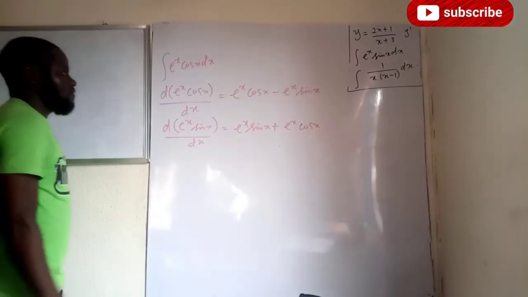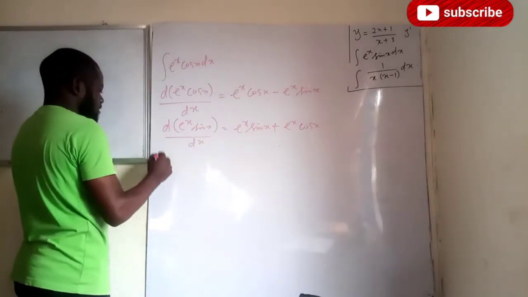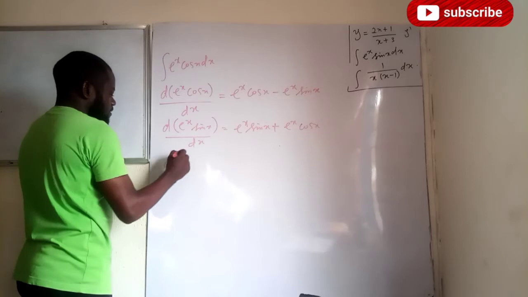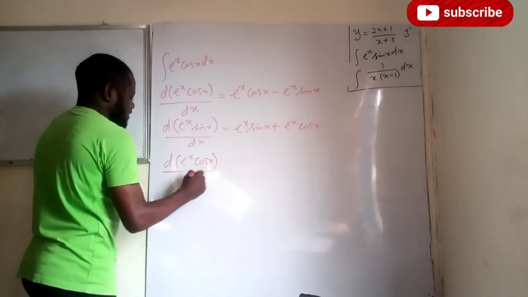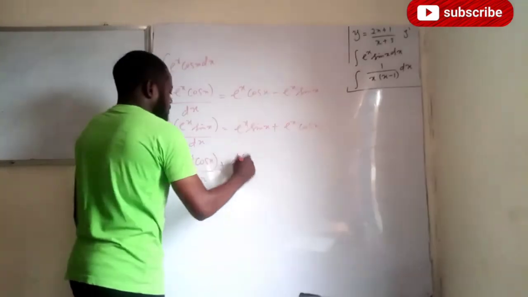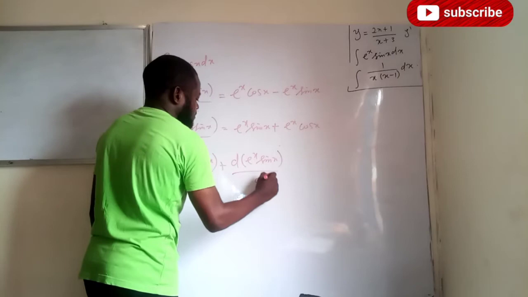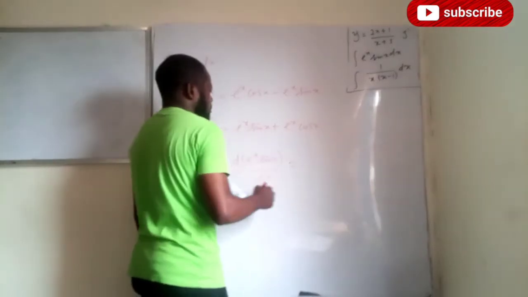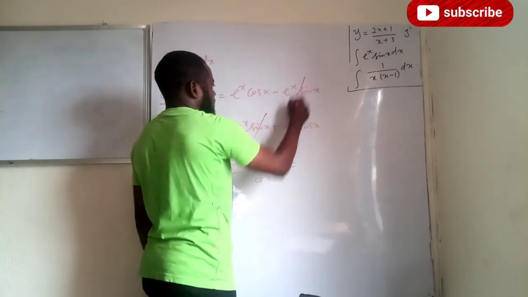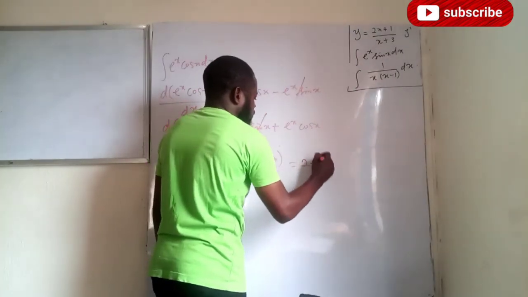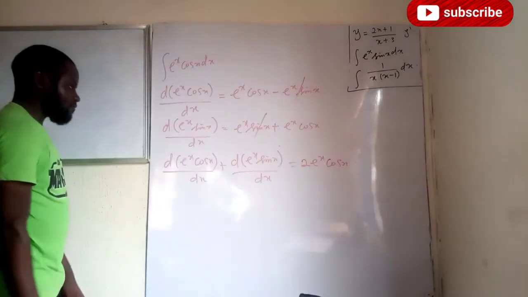Okay, so we just add these two together. So when we have these two together, we have d e to power of x cos x dx plus d e to power of x sine x dx to equal, if I have these two together, this and this will cancel, then I have 2e to power of x cos of x.